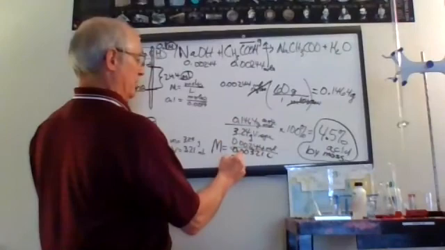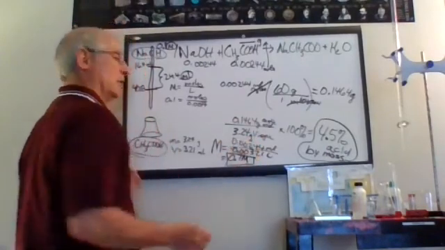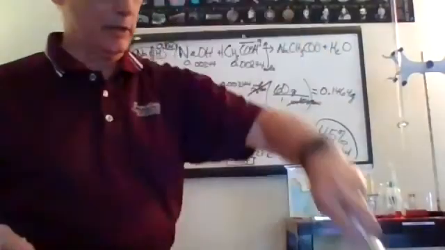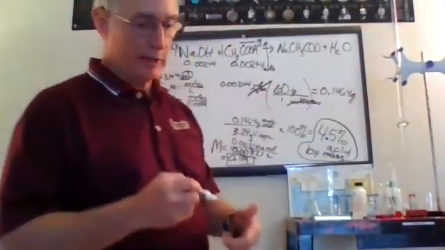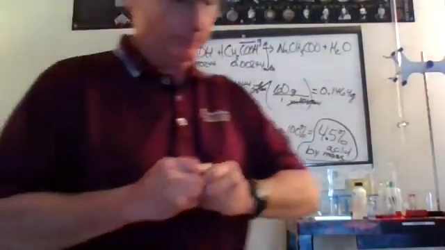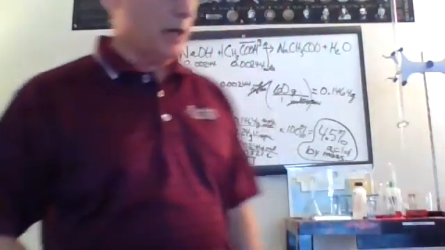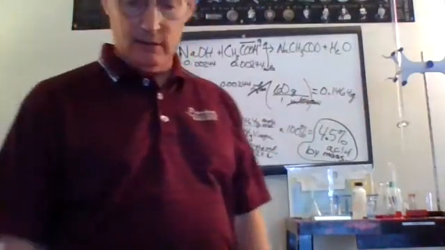Molarity is 0.7 molar. So the vinegar was 7/10 molar in concentration, and the sodium hydroxide was 1/10 molar in concentration. That's why it took like 7 times as much of the 1/10 molar to neutralize that thing.